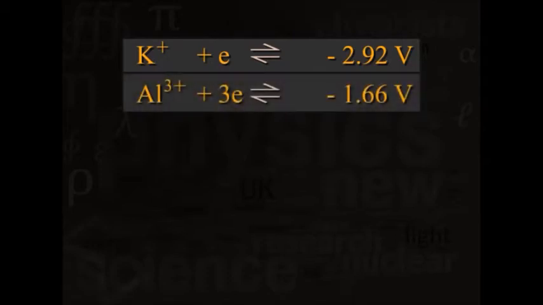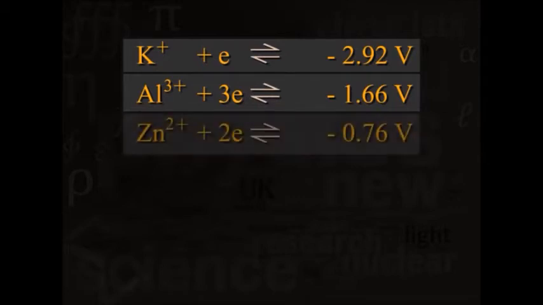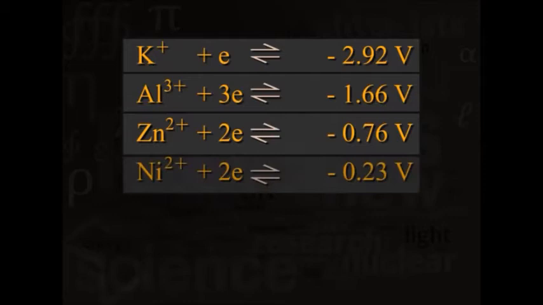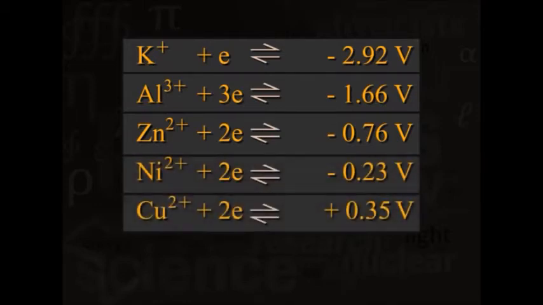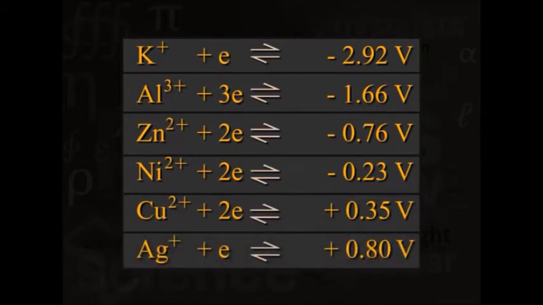For example, potassium has minus 2.92 volt, aluminum has minus 1.66 volt, zinc has minus 0.76 volt, nickel has minus 0.23 volt, copper has plus 0.35 volt and silver has plus 0.80 volt.